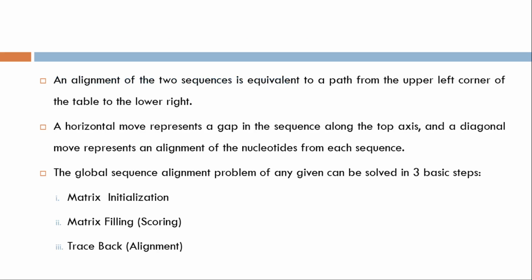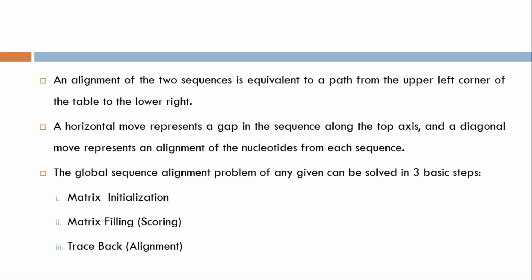The global sequence alignment problem can be solved in three basic steps. There are three basic steps you have to follow if you want to perform the global alignment. So we are reading the Needleman Wunsch algorithm, and it can be understood in three basic steps. Number one, matrix initialization. Number two, matrix filling.